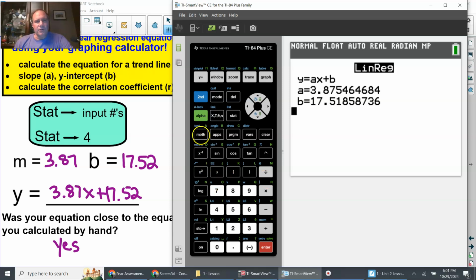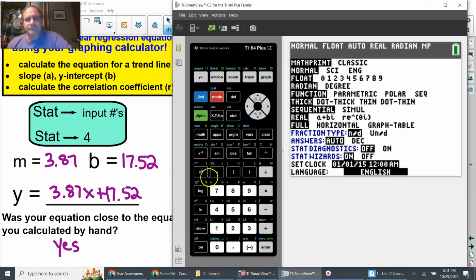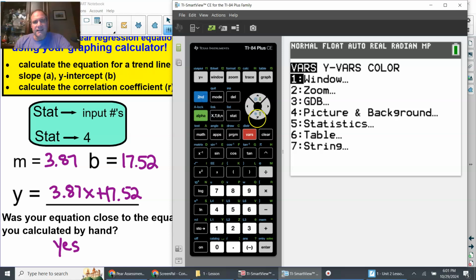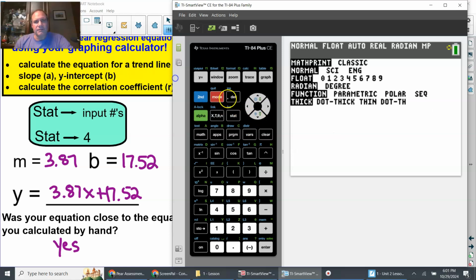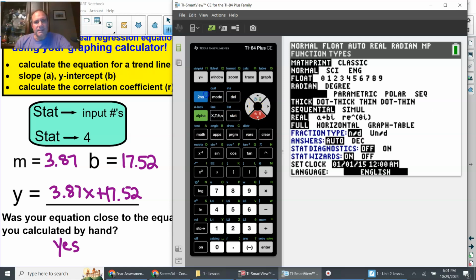So the way you turn stat diagnostics on is very simple. Go to mode, and you see that you have a whole bunch of different things here as far as modes go. Math print, normal, float, all of that. Go all the way down to stat diagnostics. All right, I pressed the wrong button. So go all the way down.